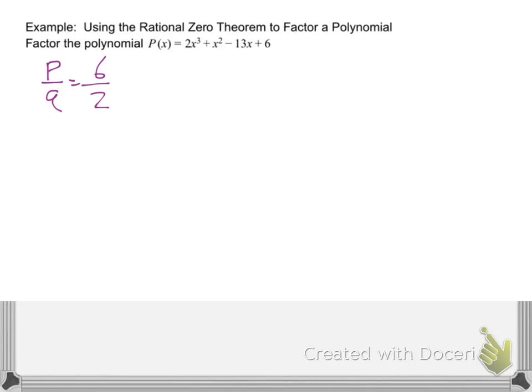So I got to think to myself, what are the factors of 6? That'd be 1 and 6, 2 and 3. Divide all that by the factors of 2. Factors of 2 are 1 and 2.